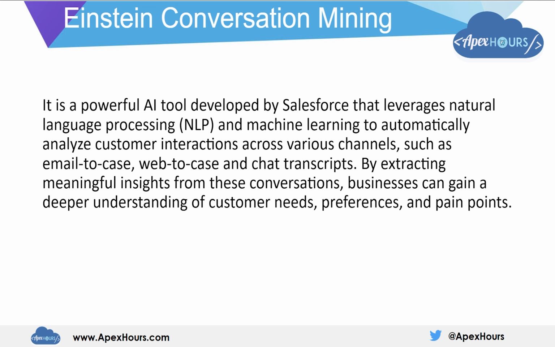So how does it work? Here are the key concepts. The mining basically looks for two main components, which are contact reason and excerpt. Contact reason is the primary reason for which a customer reaches out to a call center or a customer service agent.